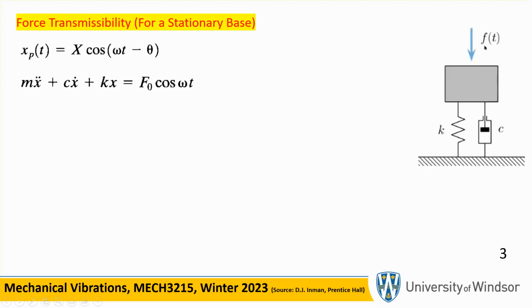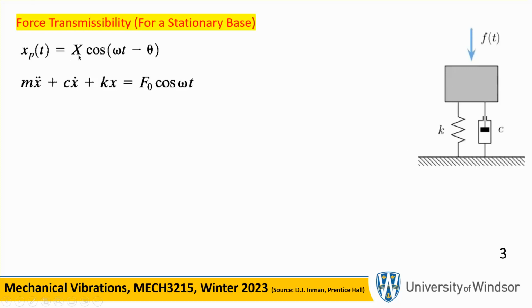If F of t is a general description which doesn't fit this, then we have to wait until chapter 3. So this omega that you see in the solution, and the solution here is the position of this mass as a function of time.